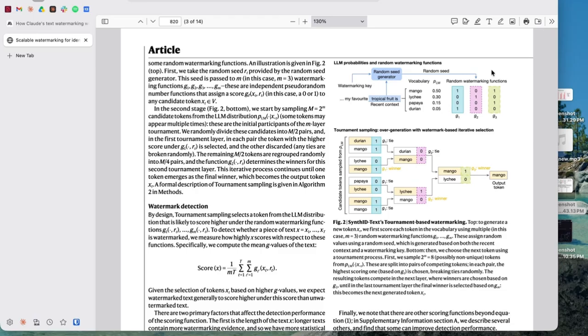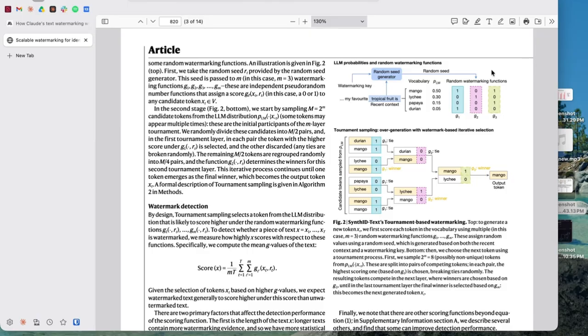Lychee gets selected to make it to the finals. And then maybe by way of illustration, let's say the other pairing in this level of the tournament is durian versus mango. Both of those have zeros in this random vector that we have for this level. So again, flip a coin and let's say that mango makes it through.